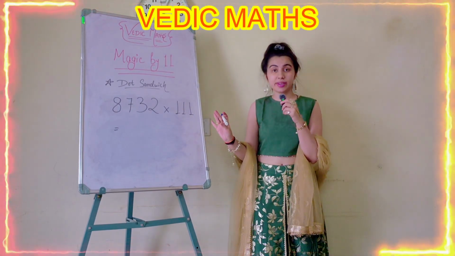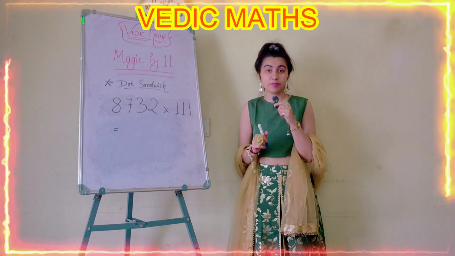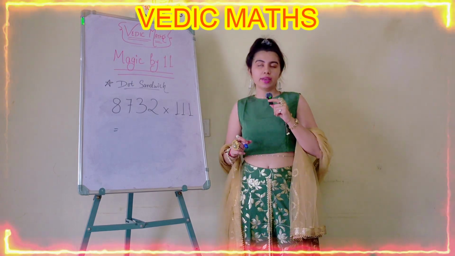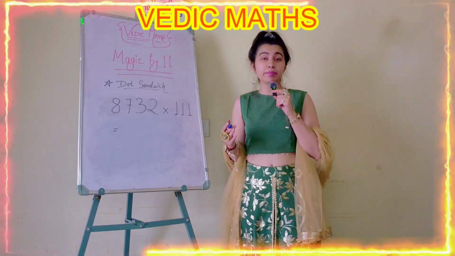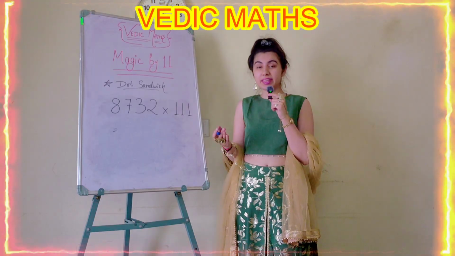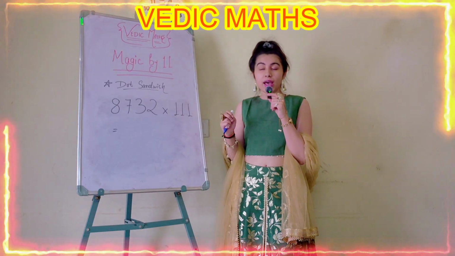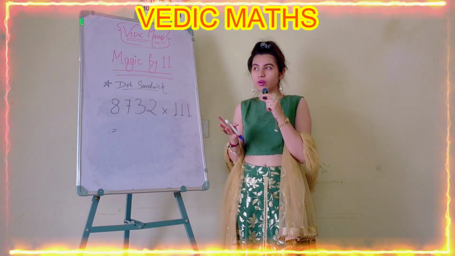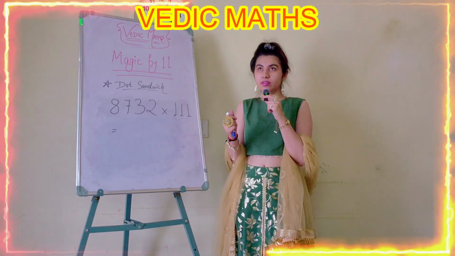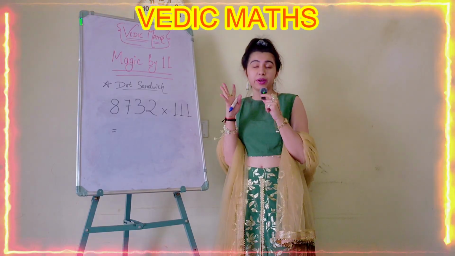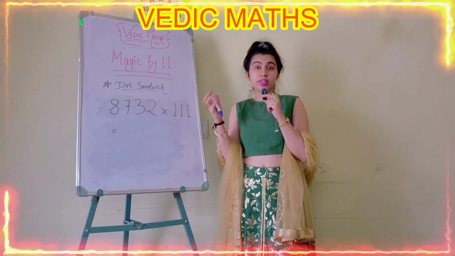Let's take up another question, and this time we're going to visualize the dots. You want to do the calculation and show that you know the Vedic maths trick, and that you can calculate using your brain, which is more than a calculator.